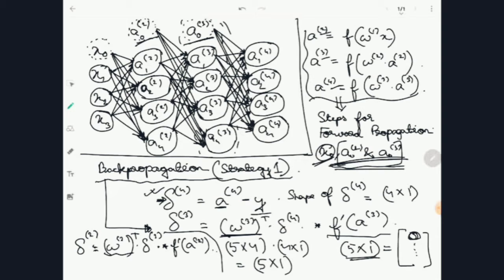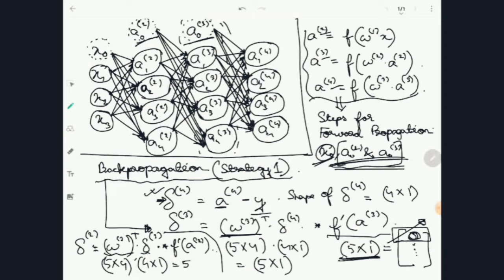W2 will be 4 by 5, which here is 5 by 4. And del 3 was originally of shape 5 by 1, but there is a 0 here. So we will neglect the first term and include all the remaining 4 terms. So what shall it be? It will be 4 by 1.